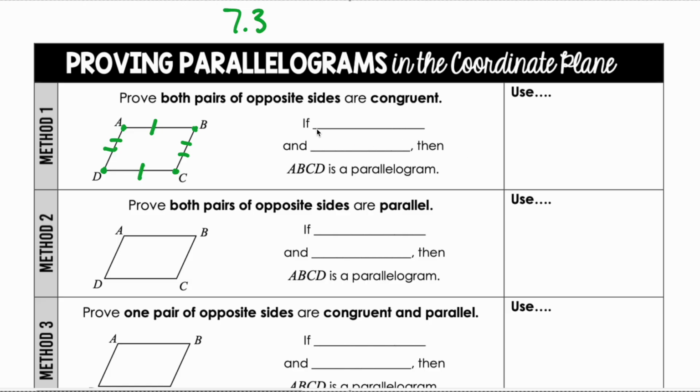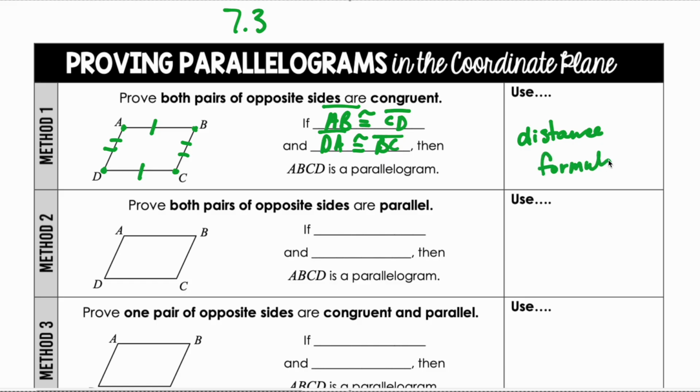So let me go ahead and give you the notes for this. If the segment AB is congruent to the segment CD, and if the segment DA is congruent to the segment BC, then ABCD is a parallelogram, and we would use the distance formula to figure that out.